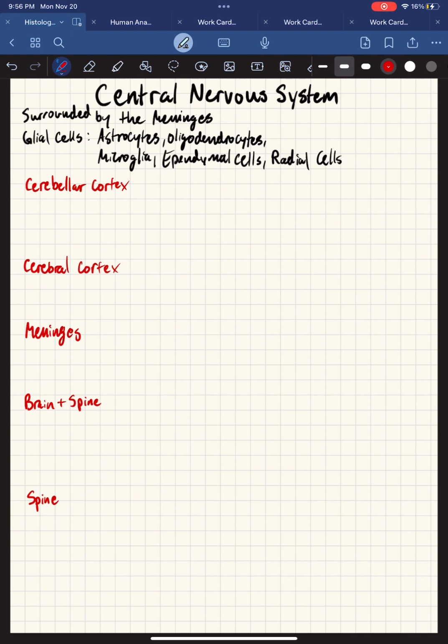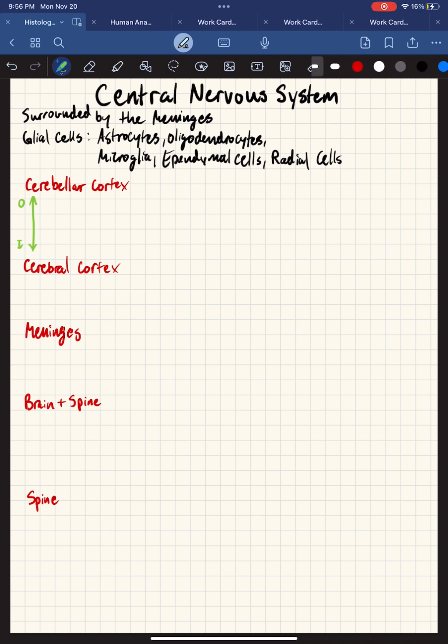So let's start with the cerebellar cortex. The cerebellar cortex has three parts. We're going to start from outermost to innermost.